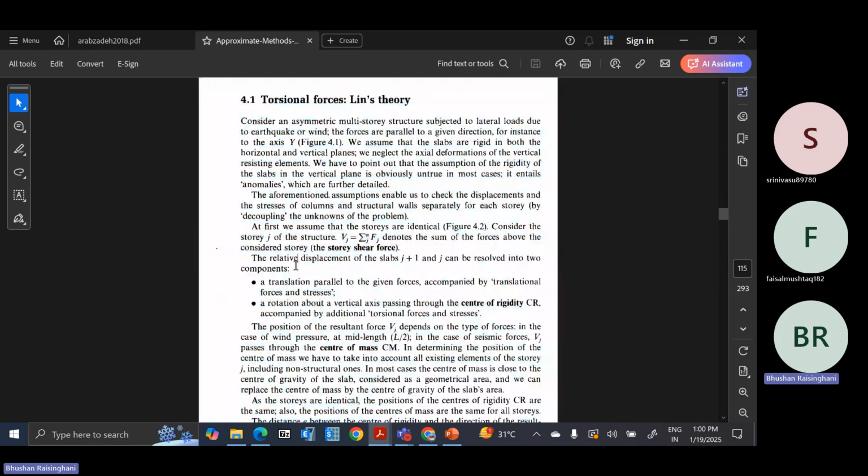At two particular floors, I have a relative displacement. So what is this relative displacement related to? First, a translation parallel to the given forces, accompanied by translational forces and stresses. Those are the lateral forces, which lead to higher displacement at the above story than the below story. That is the regular lateral force. Then additionally, a torsion, a rotation about a vertical axis passing through the center of rigidity, accompanied by additional torsional forces and stresses. So the addition of torsional forces with the lateral forces leads to higher relative displacement of the stories above than the below story. That is the relative displacement.